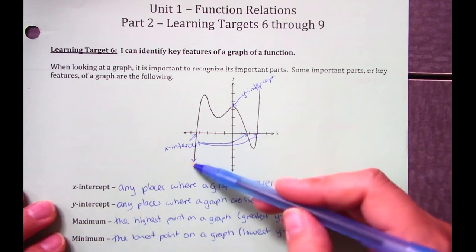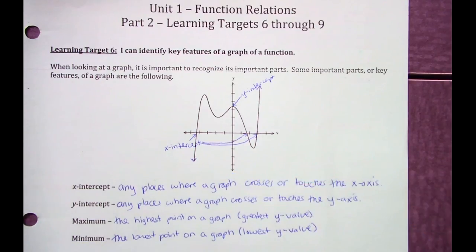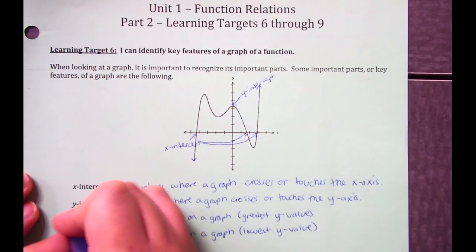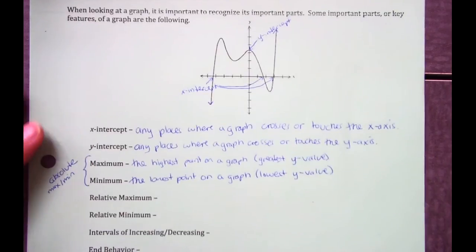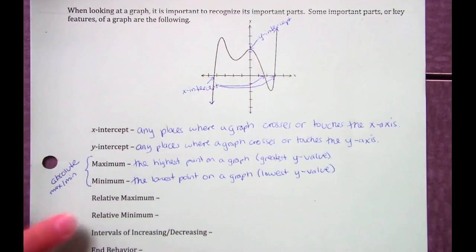And because there's an arrow on the end, it goes lower forever, so there's no specific point that we can call the minimum. Now the maximum and minimum are often referred to as the absolute maximum or minimum. That's another way to refer to those.